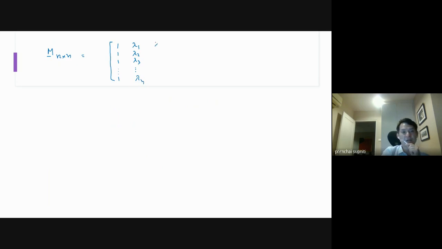You can sort of guess what it looks like. Lambda 3, all the way to lambda n squared, and then it goes all the way to lambda 1 to the n minus 1, lambda 2 to the n minus 1, and all the way to lambda n to the n minus 1.